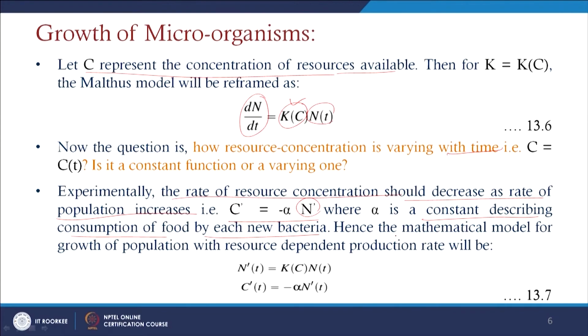Hence, the mathematical model for growth of population with resource dependent reproduction rate is n'(t) equals k(C) times n(t), and C'(t) equals minus alpha n'(t).